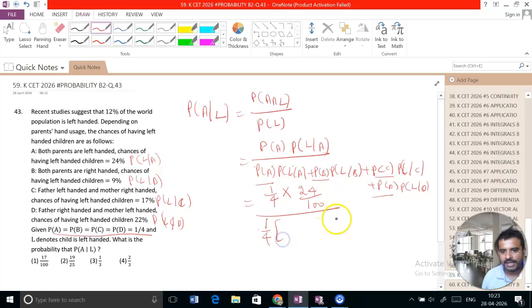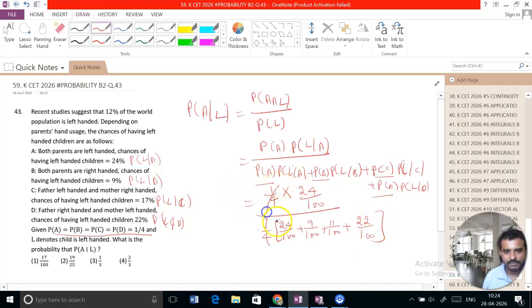We can take it outside, and this is 24 divided by 100, probability of B is 9 by 100, probability of C is 17 divided by 100 plus probability of D is 22 divided by 100.